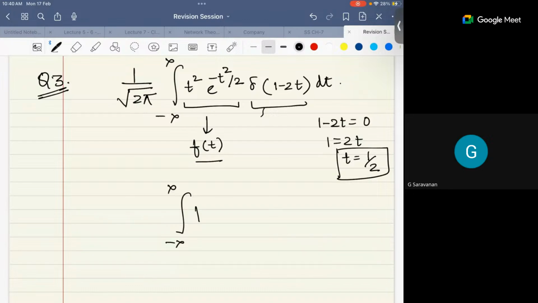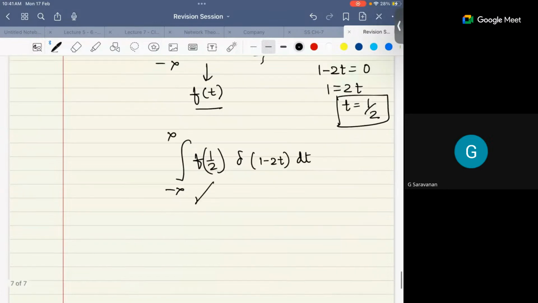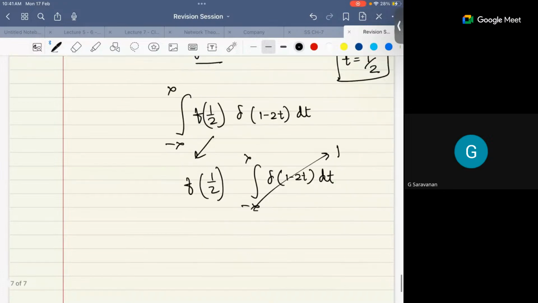So f of half times the integral of delta of 1 minus 2t dt. This integration from minus infinity to infinity of delta of 1 minus 2t dt will be 1, correct? So the value will be 1 upon 2 pi times this value.